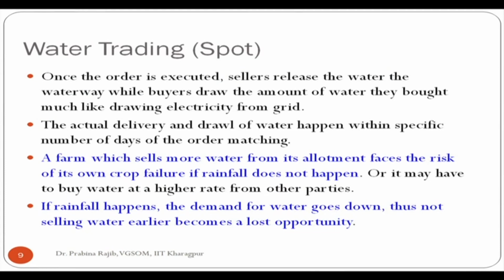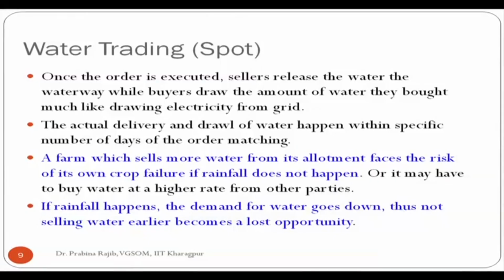If rainfall happens after A has sold, A's water requirement is not high, so A gains from the transaction. If rainfall does not happen and A has already sold, then A may face the risk.